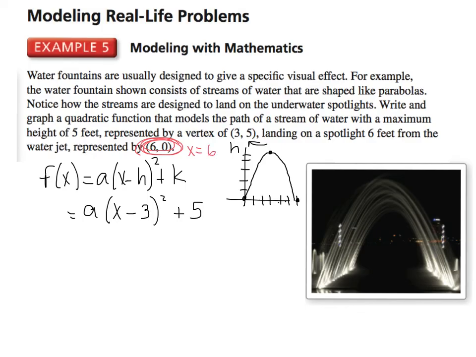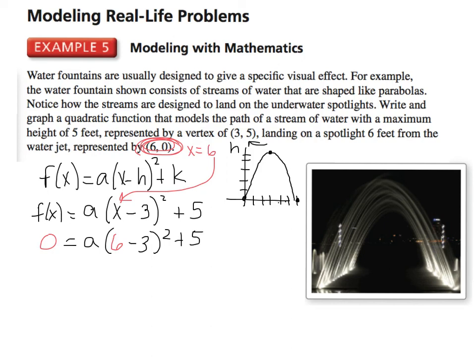X is 6 in this ordered pair, so I take the 6 and plug it in right here. And then 0 is going to go over here, where f of x is, because that's y. So my equation is going to be 0 equals a multiplied by 6 minus 3 squared plus 5.